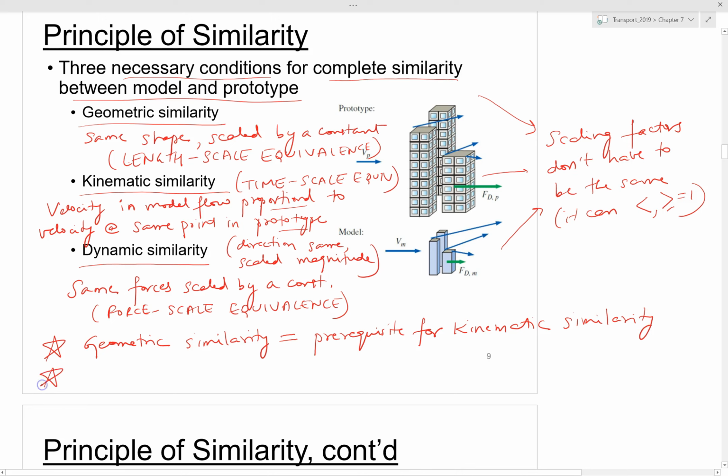However, kinematic similarity is necessary, but just having kinematic similarity might be insufficient for applying dynamic similarity.